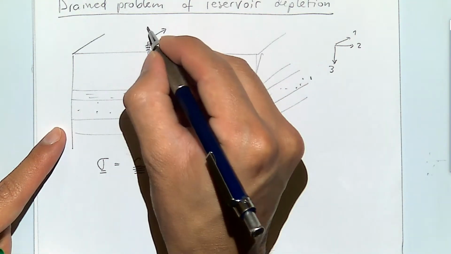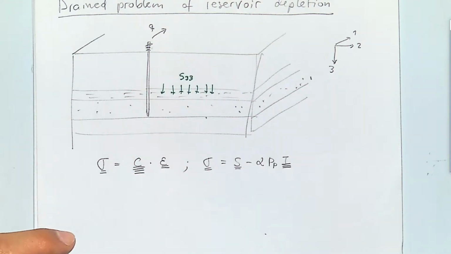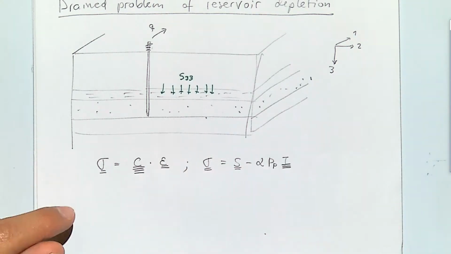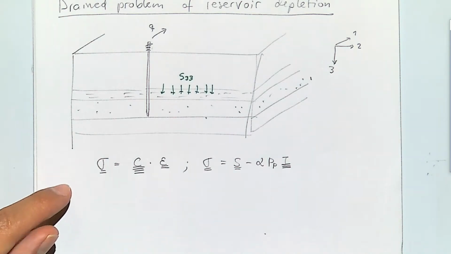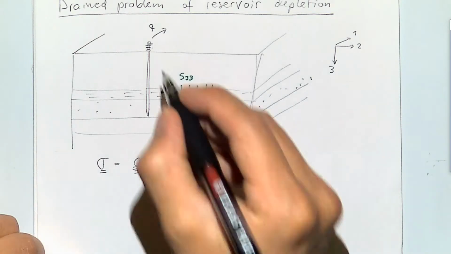As we deplete the reservoir at a given rate, what's going to happen with the pressure inside the reservoir? It will go down, right? And what do you think is going to happen with the stresses at the reservoir?